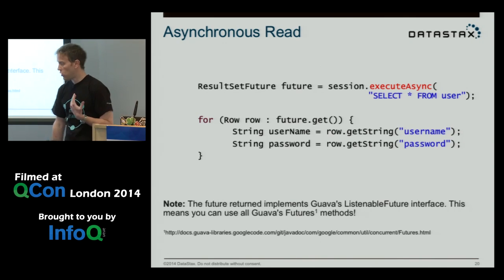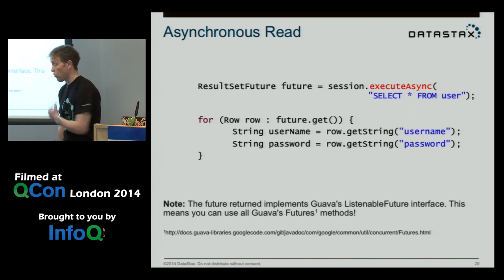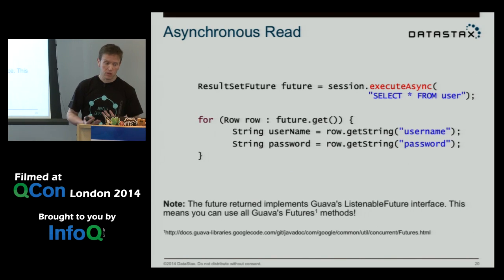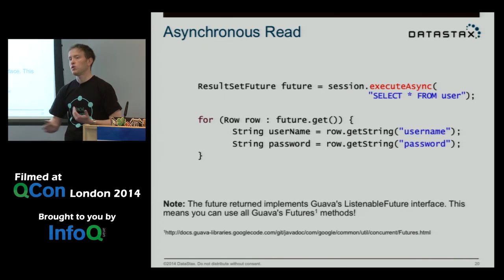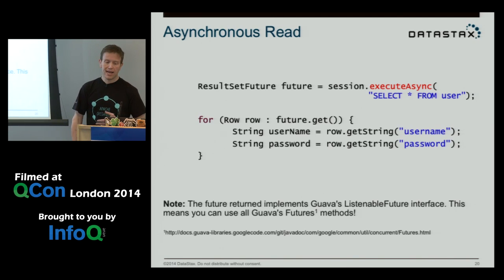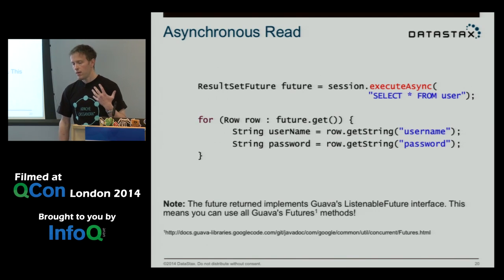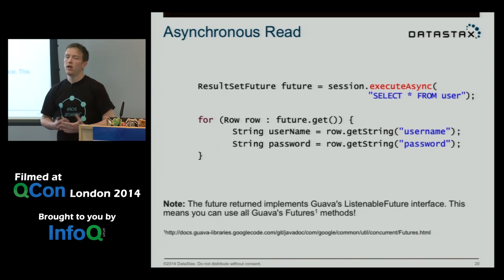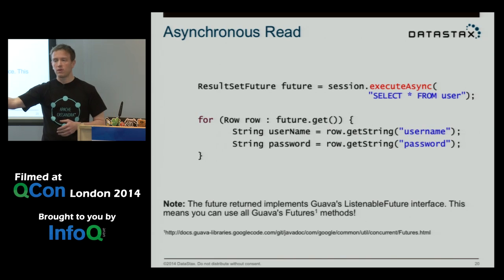What you get back are futures, and these futures implement Guava's ListenableFuture interface, which also means all of the very cool things you can do with Guava future methods, you can now do with your queries. This is very nice stuff, because it lends itself to large scale, and you're not blocking your client here. You can essentially execute your method.